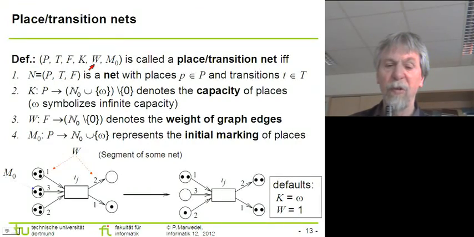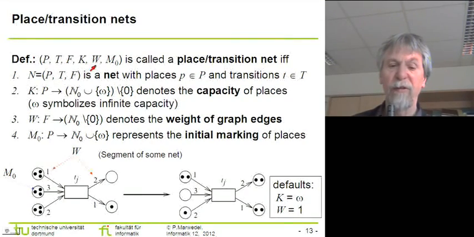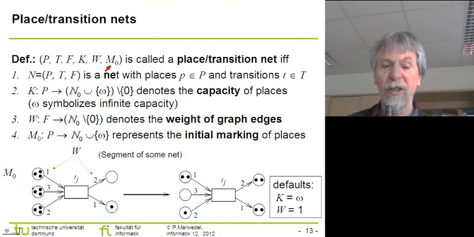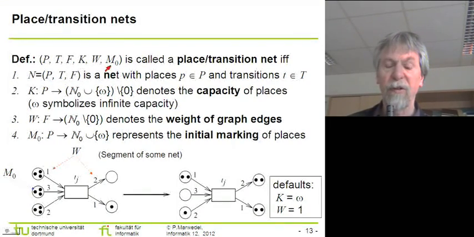We might remove a number of tokens from the precondition set, and we might generate a number of tokens in the postcondition set. And this number is defined by this fifth element of the tuple. And finally, we have the initial marking. The initial marking tells us how many tokens we have initially on each of the places.